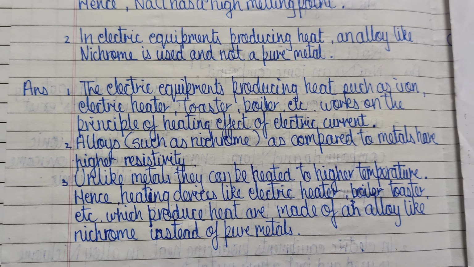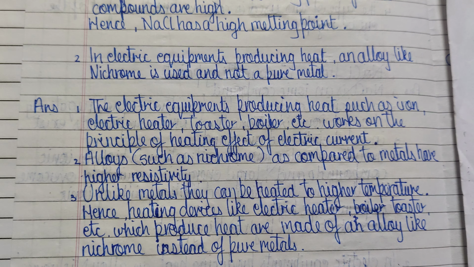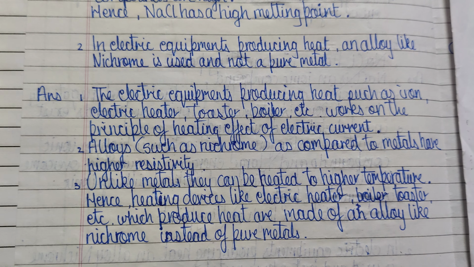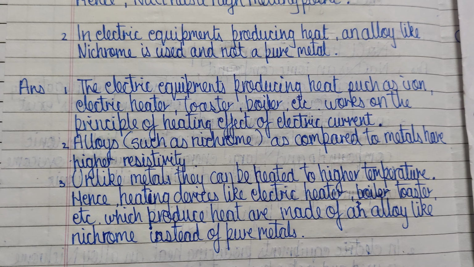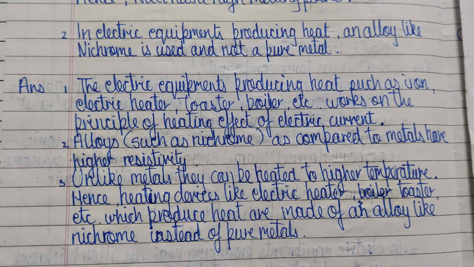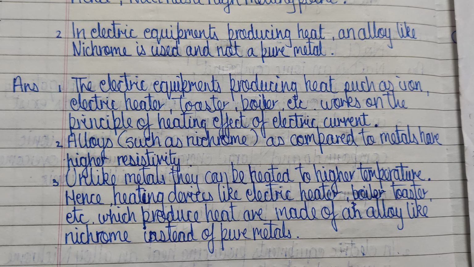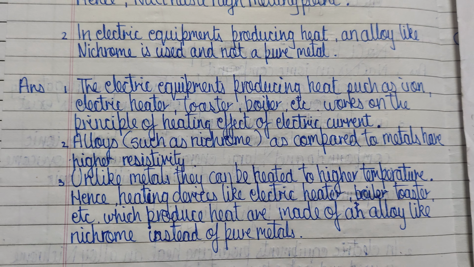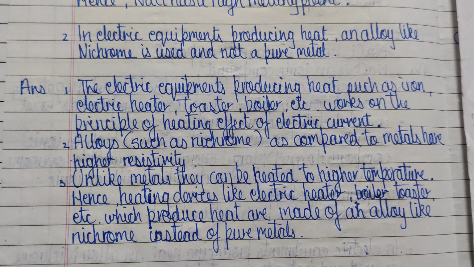Alloys such as nichrome, as compared to metals, have higher resistivity. Unlike metals, they can be heated to higher temperature. Hence, heating devices like electric heater, boiler, toaster, etc. which produce heat are made of an alloy like nichrome instead of pure metals.